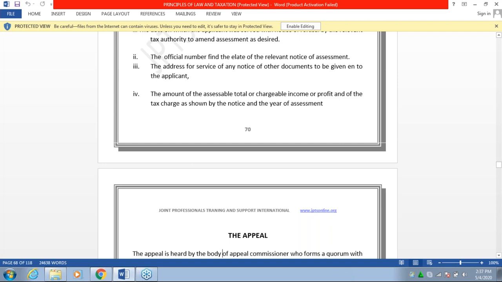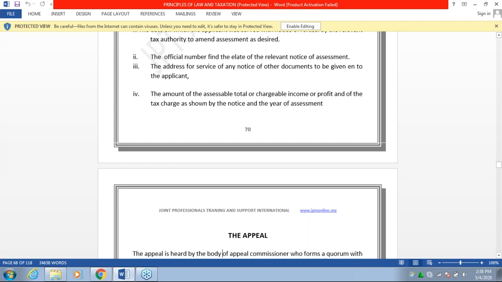Then question number two: the Nigerian government uses taxation to allocate, to distribute, and to stabilize the economy.